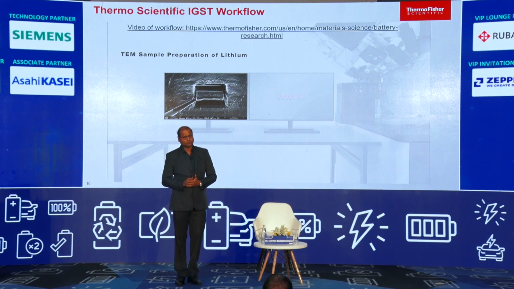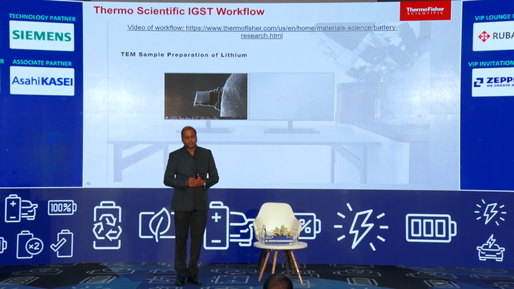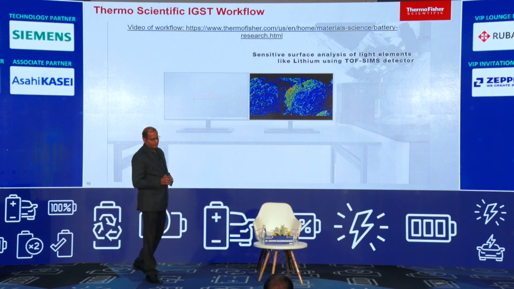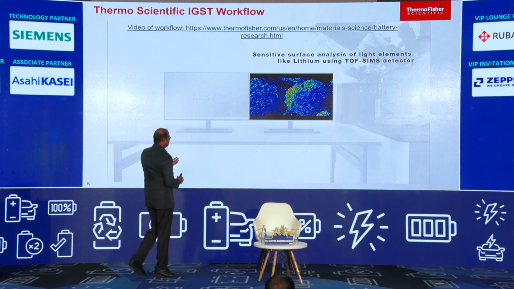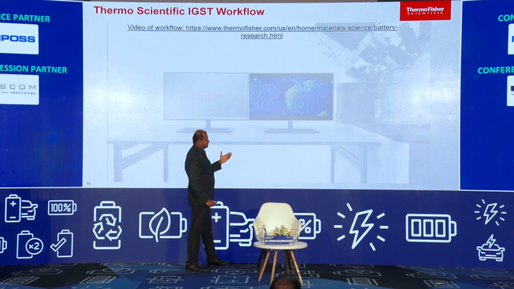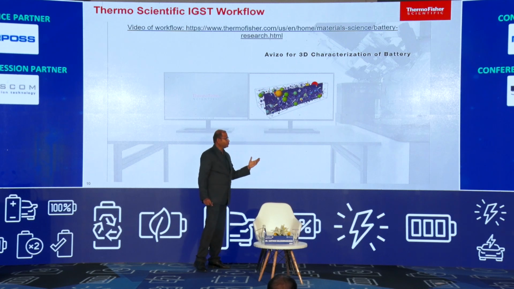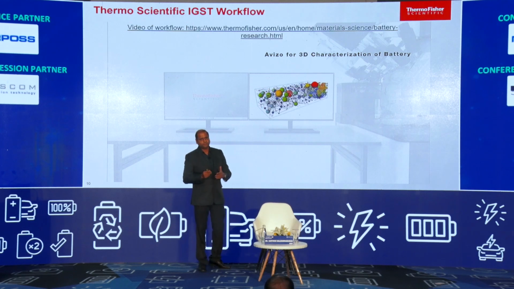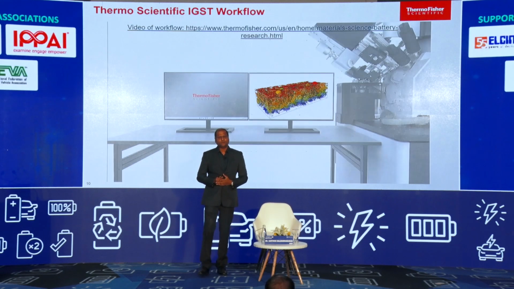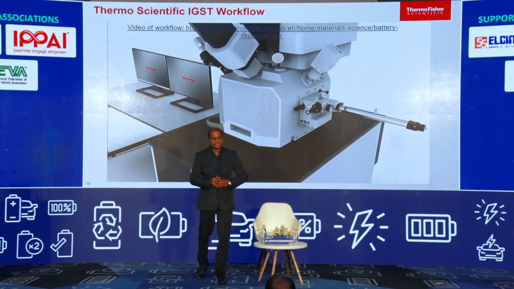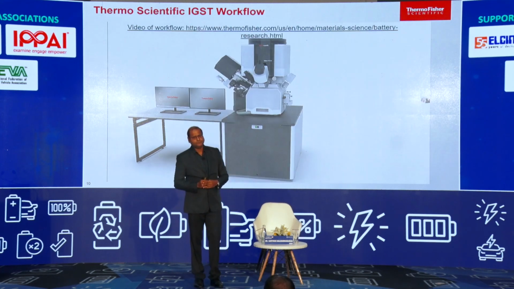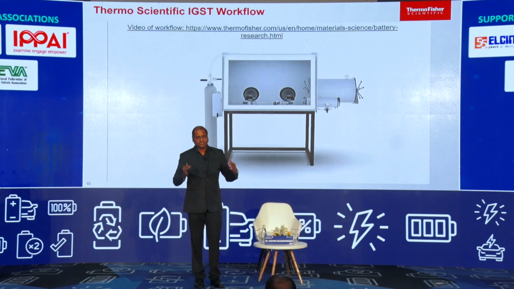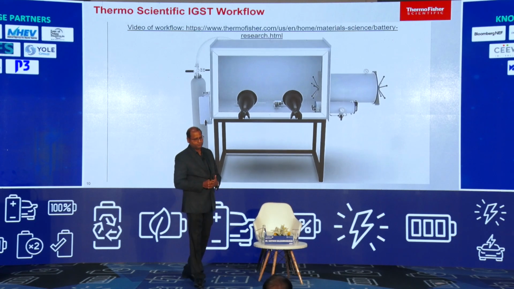A dual beam is a combination of an electron column attached along with an ion column. The dual beam helps you to understand the sample, and it also helps you to do a 3D volume analysis. So instead of only understanding the composition from the surface, it helps you to understand the composition from a volume cube of your sample.